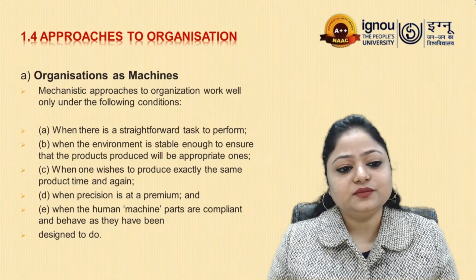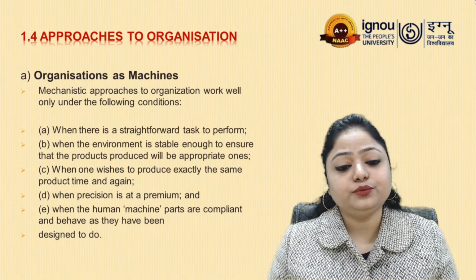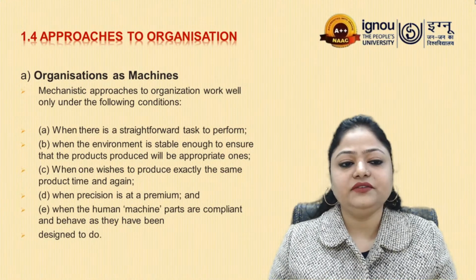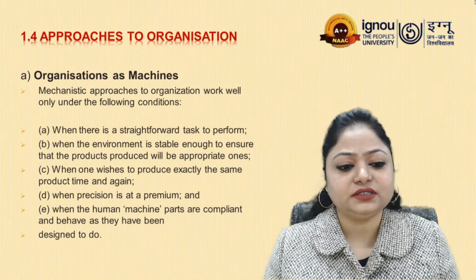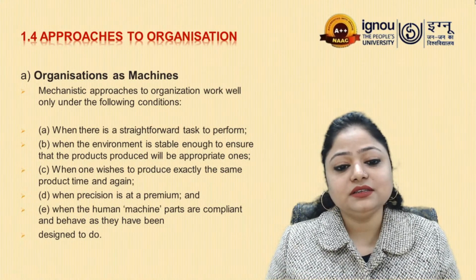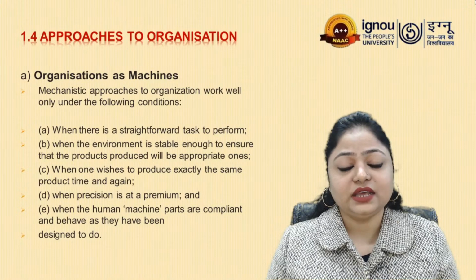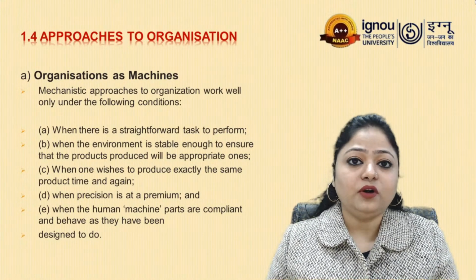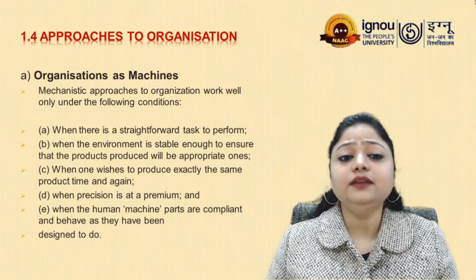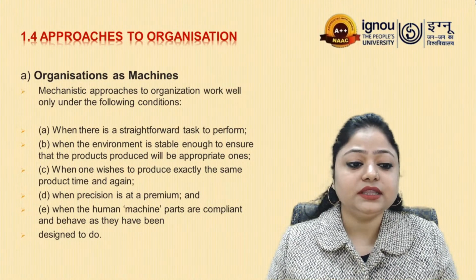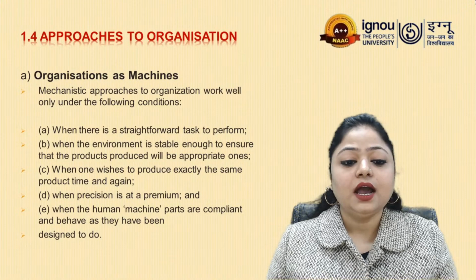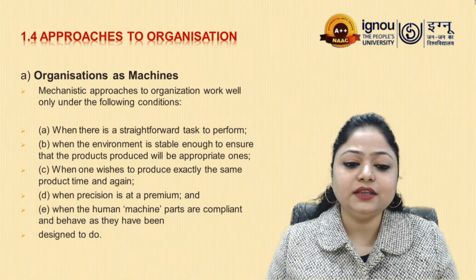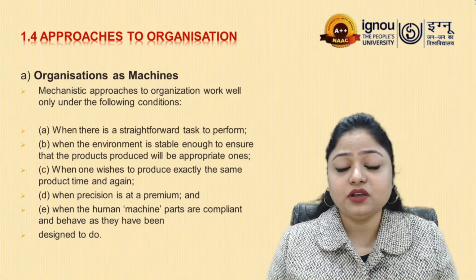Another assumption is that when one wishes to produce exactly the same product time and again, then only can we view organization as a machine. Then when precision is at a premium, there is no scope of any error, then only can we consider it as a machine. Then when the human machine parts are compliant and behave as they have been designed to. Is it possible?